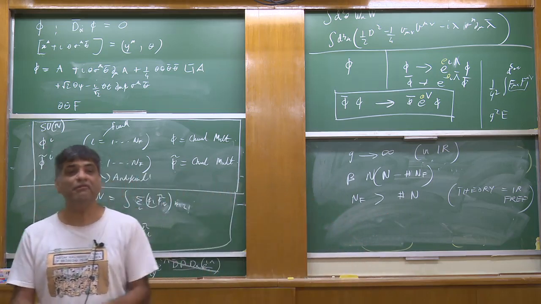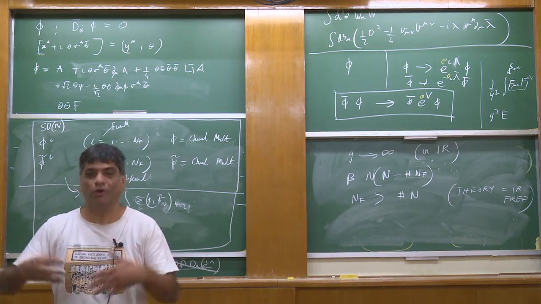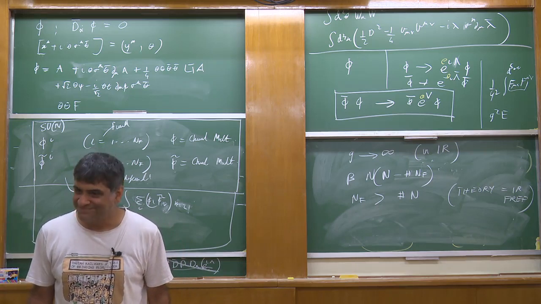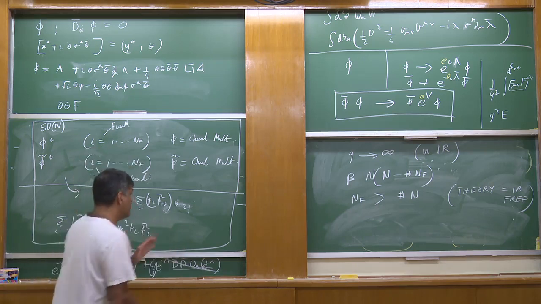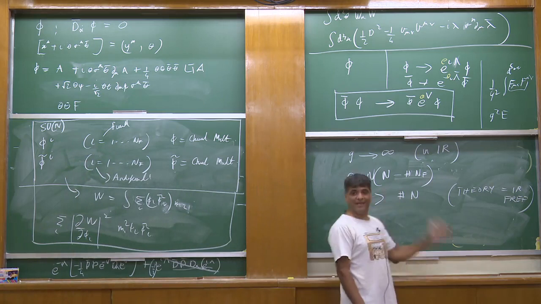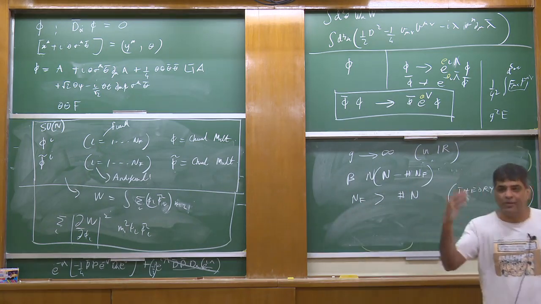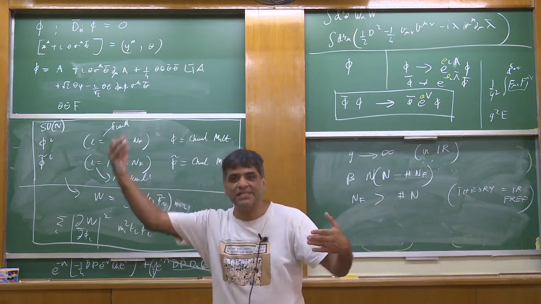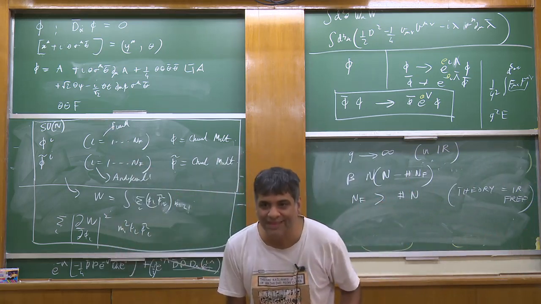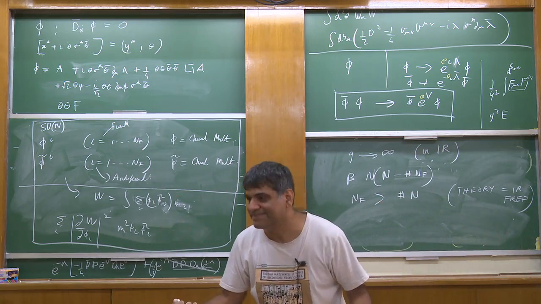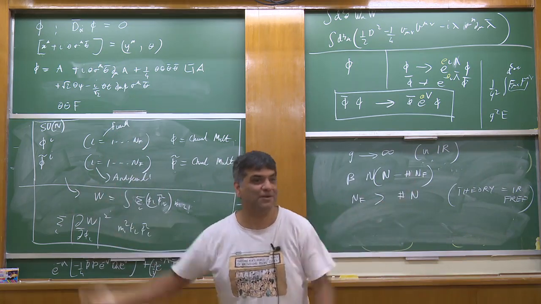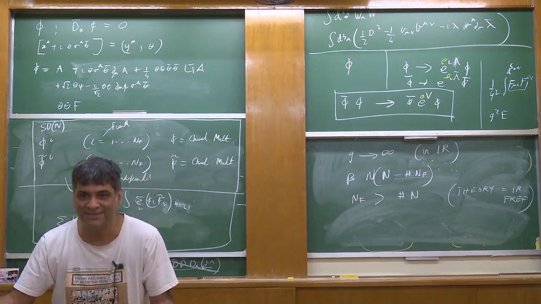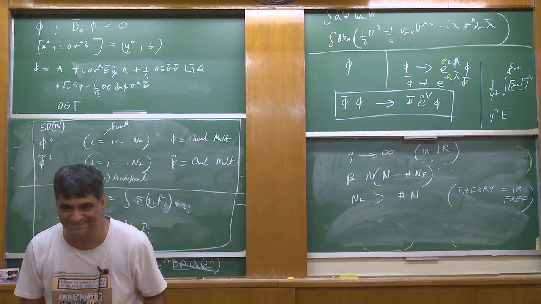It will be just a theory of free gluons and quarks. So for NF greater than N, while there's no very clearly defined question, if you could make that question precise in some context, for instance by finding some UV completion of this theory, there is a very clear answer: we get free gluons and quarks. Okay? So this is an example of one of the phases I was talking about, where you have free gluons.